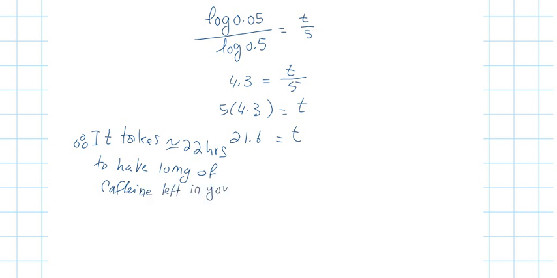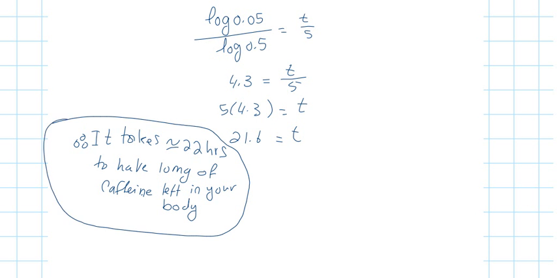So if you drink a cup of coffee that contains 200 milligrams, it's going to take 22 hours to reduce it down to 10 milligrams. Okay, so I don't get rid of the caffeine in my body at all. I'll get back to this in 1 second.